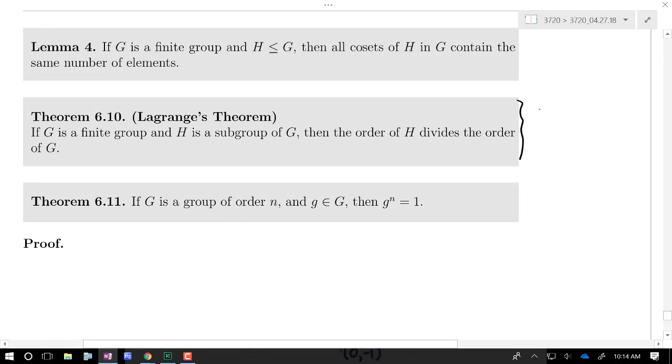Let's say G is a group, and I know G has, I don't know, 12 elements or something, then we know there will be no subgroup of order 5, for example.